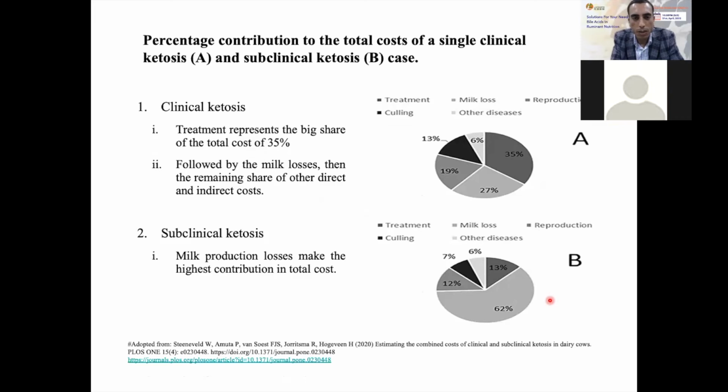Focusing on ketosis, in this chart we can see the cost of each ketosis and the contribution of each factor to the total cost.